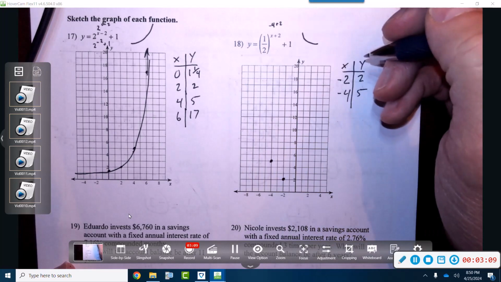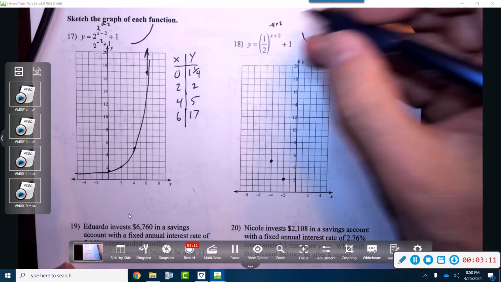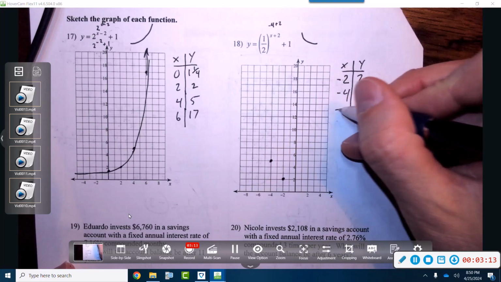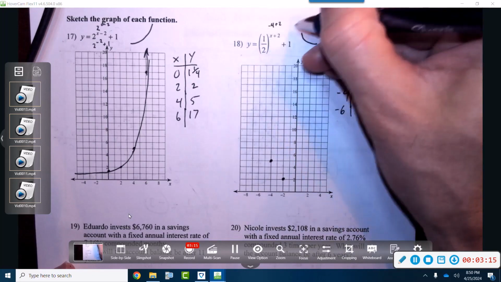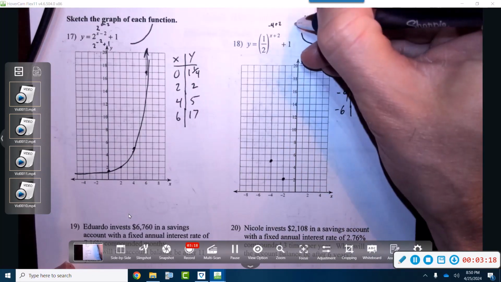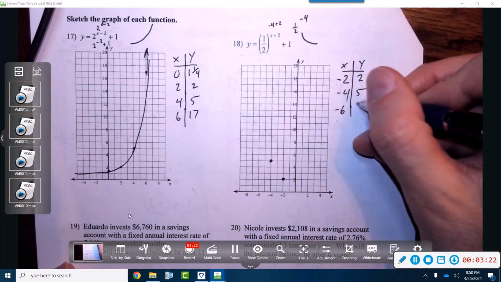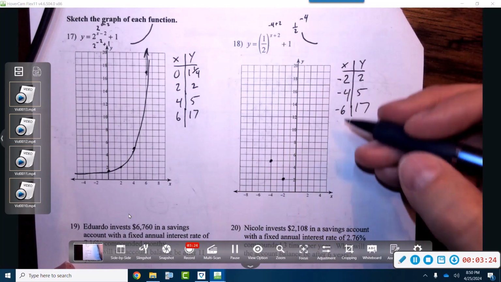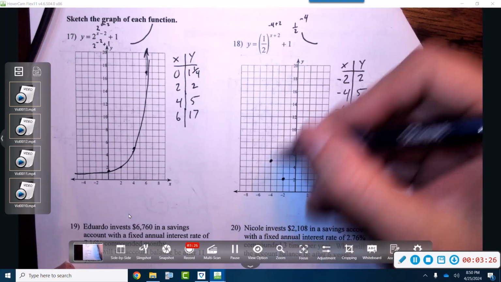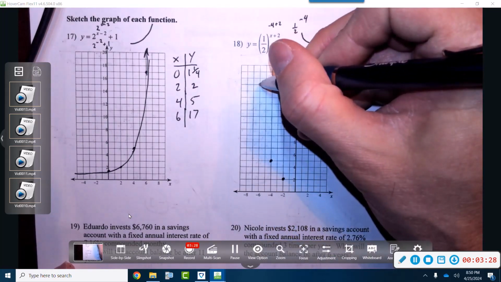Let's try negative 6. Negative 6 would give us negative 4. That would be 16, 17. So these guys almost mirror each other here. Negative 6 would be positive 17 right there.